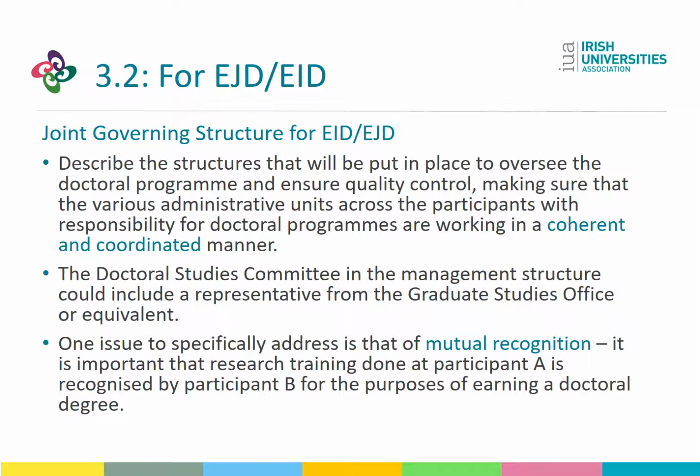The Doctoral Studies Committee in the management structure could include a representative from the Graduate Studies Office or the equivalent. And one issue to specifically address is that of mutual recognition. It is important that the research training done at participant A is recognized by participant B for the purposes of earning a doctoral degree, and you can use ECTS credits to help you in this process.